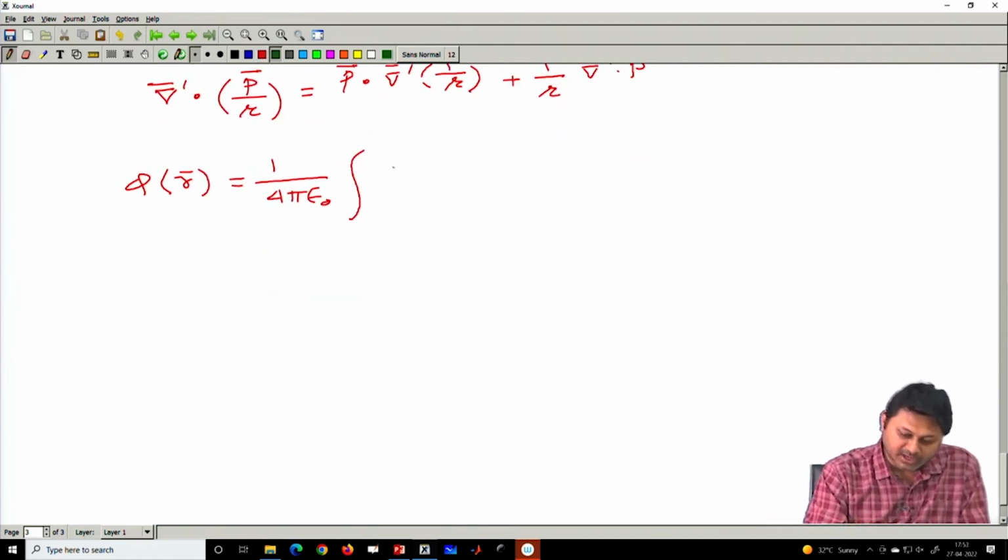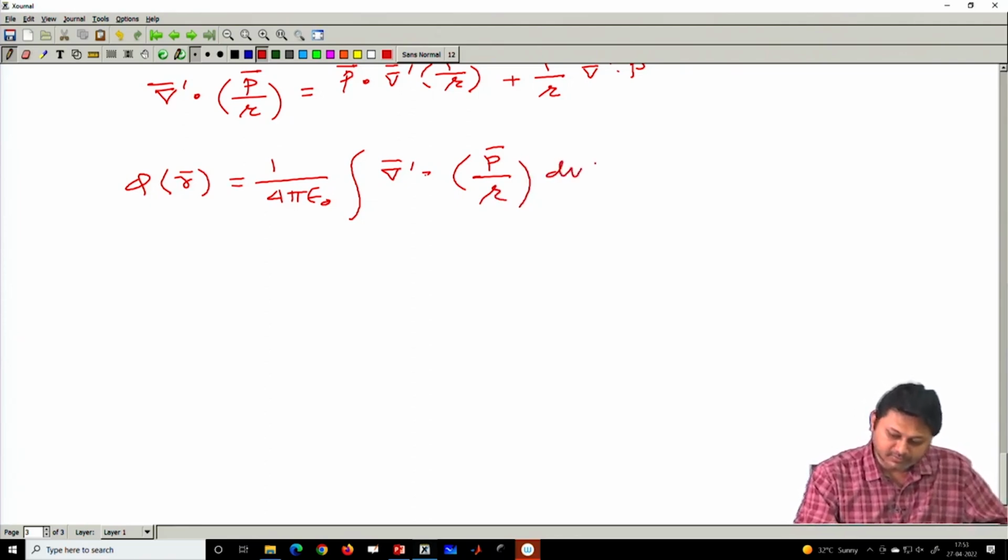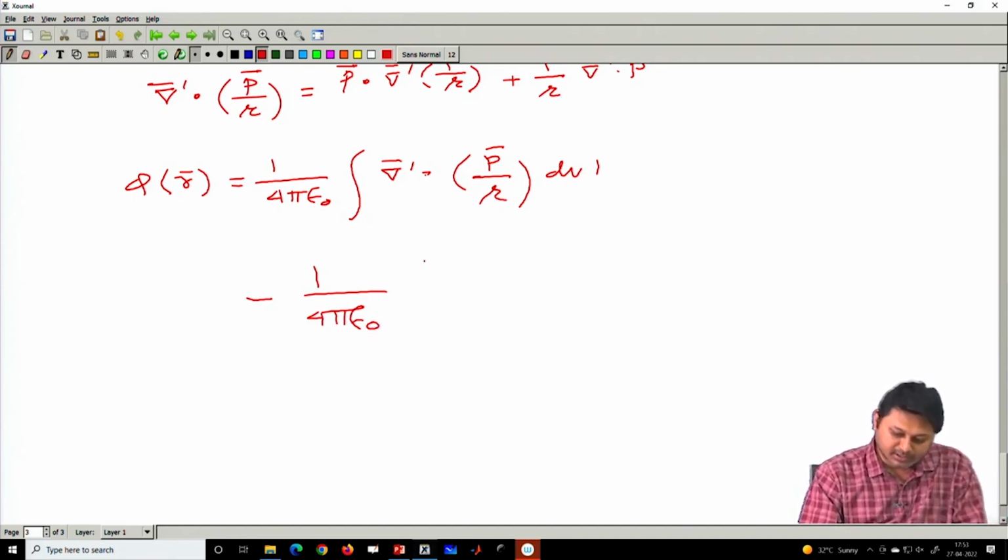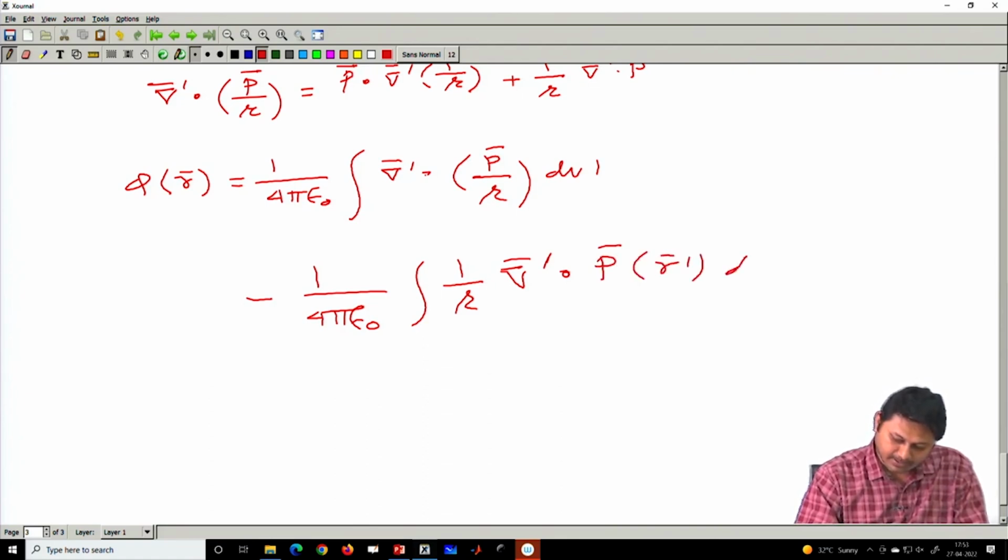So I should have the divergence prime of P by r dV prime, minus 1 by 4 pi epsilon naught, integration 1 by r times divergence prime of P of r prime dV prime. Okay, my pen is not working properly.